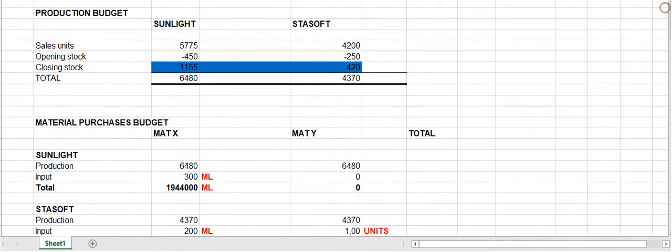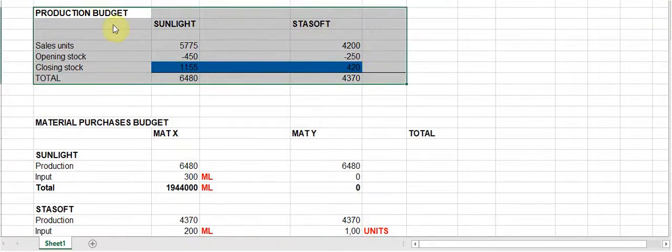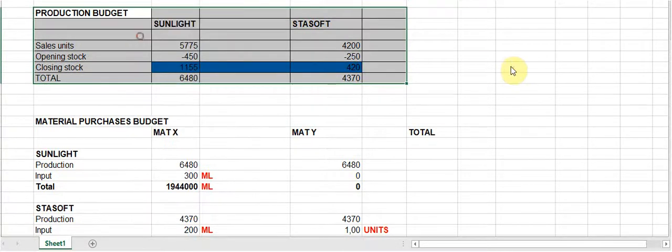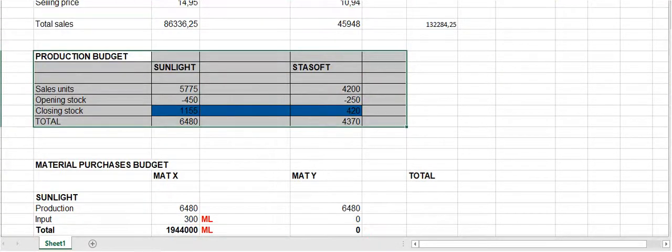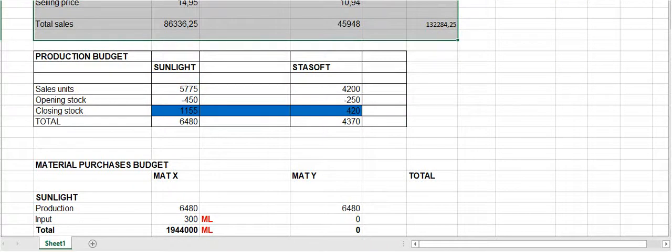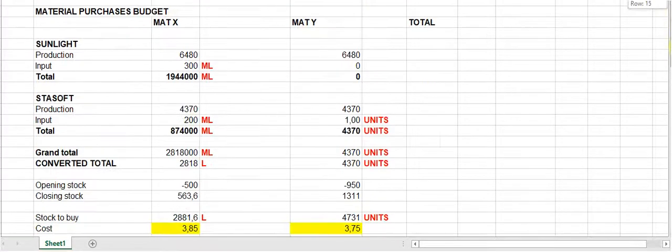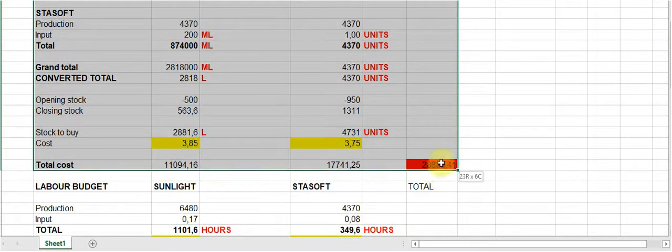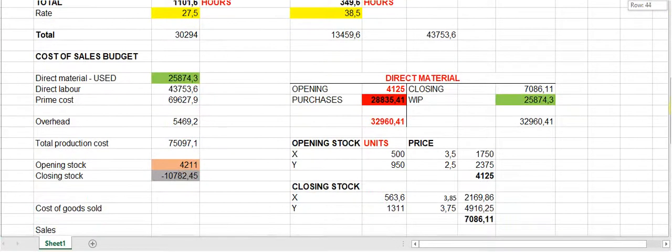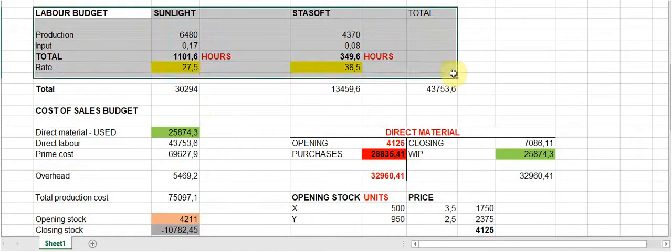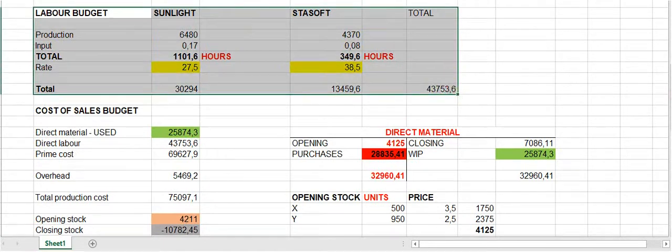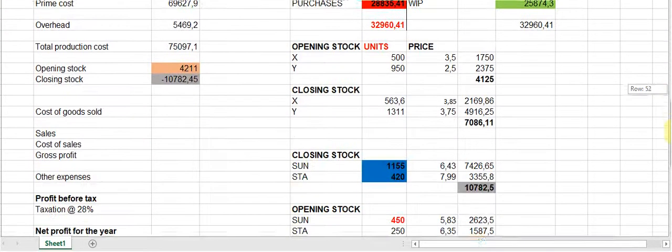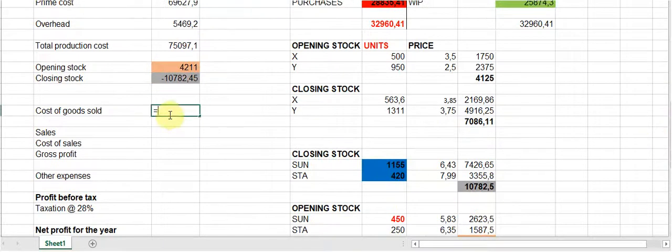I'm just going to put everything in blocks so that you can see which is calculations versus which is budgets. And then we're going to complete our cost of goods sold. Right, so for cost of goods sold, it is going to be the production cost for the year.